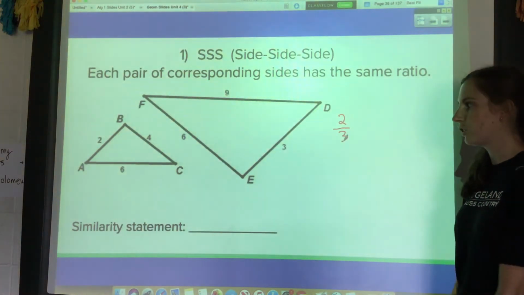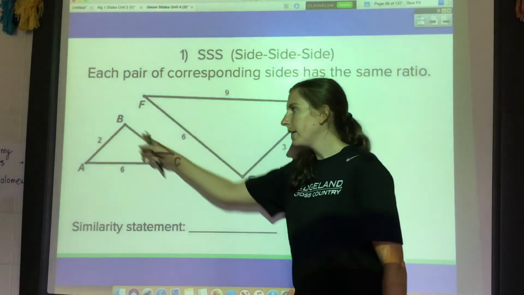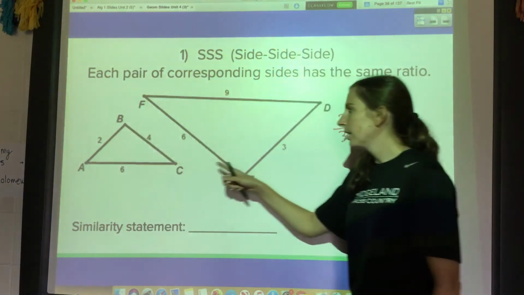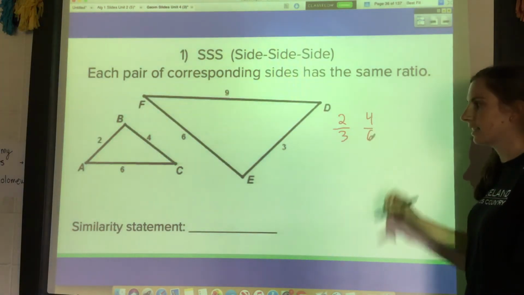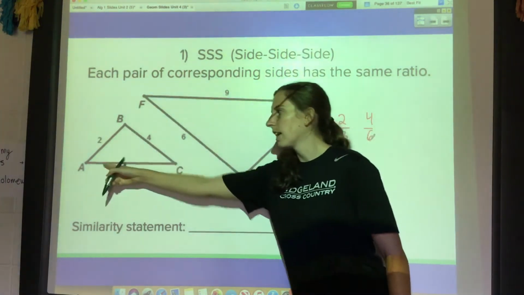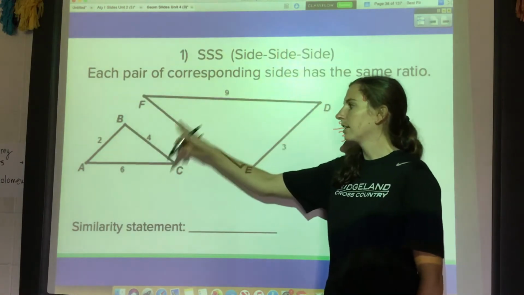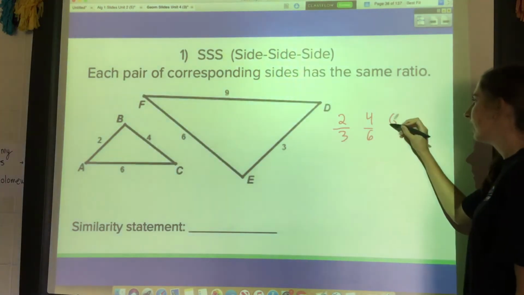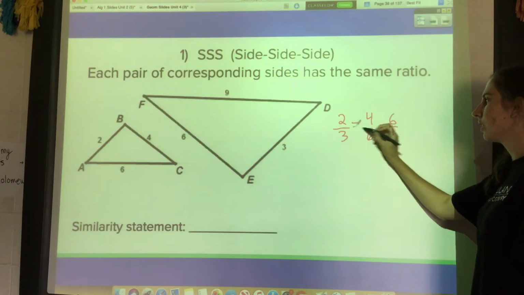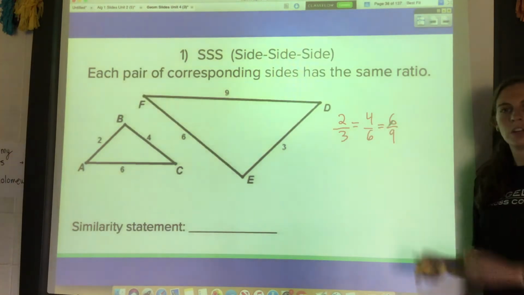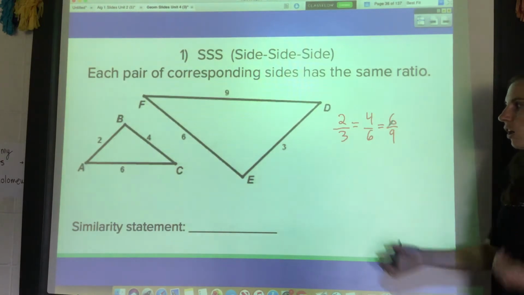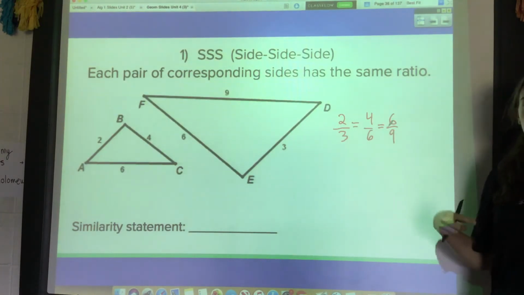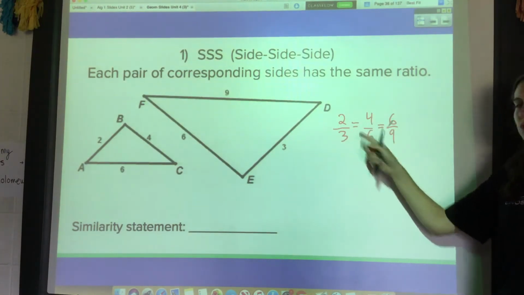Is that the same ratio as this medium side, 4, to this medium side, 6? And is that the same ratio as this long side to this long side, 6 to 9? Yeah, each of those are just 2/3. All those ratios are equal to each other. We could say that all the sides are proportional because these ratios work out.